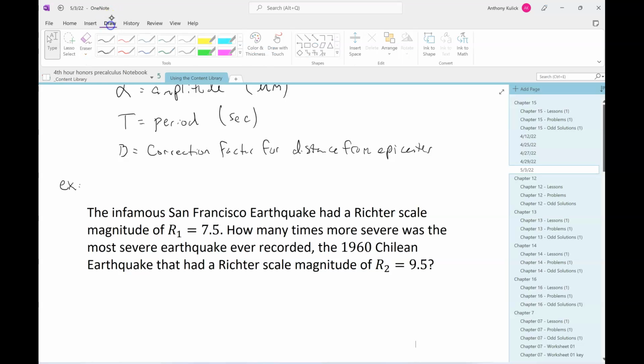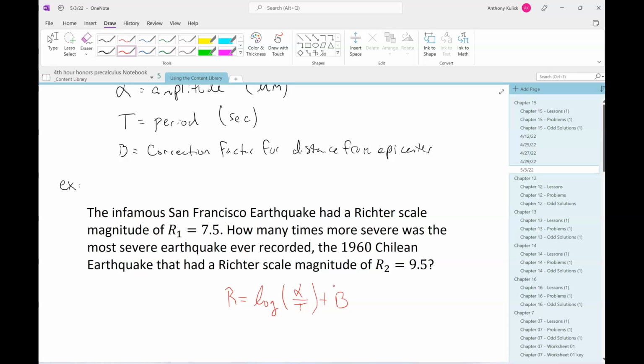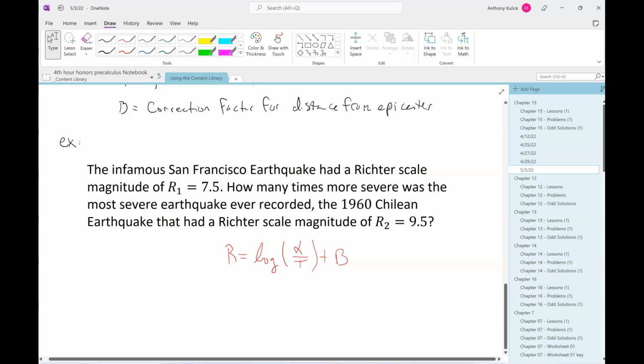So hopefully nobody's surprised when we want to use the Richter scale model to do this. Right? When you read this, it doesn't seem like you have enough information to fill in the equation.